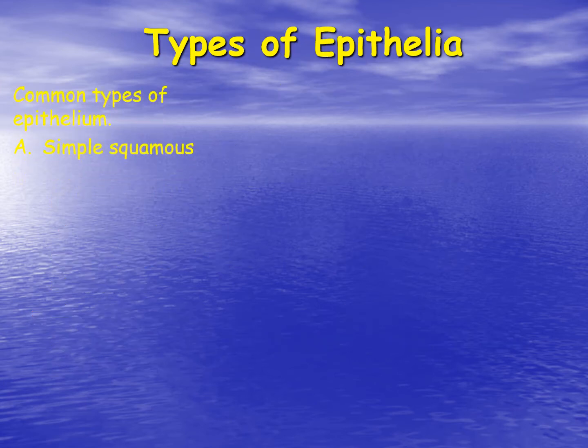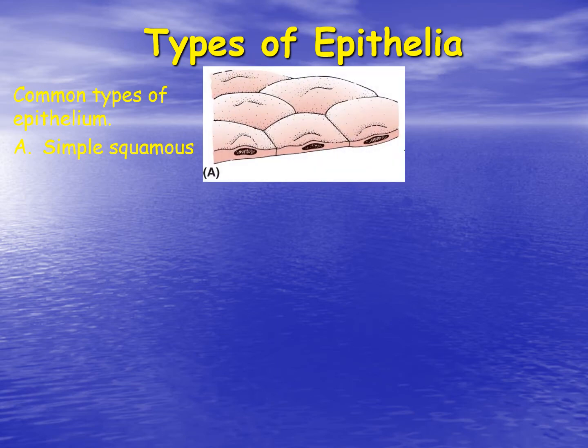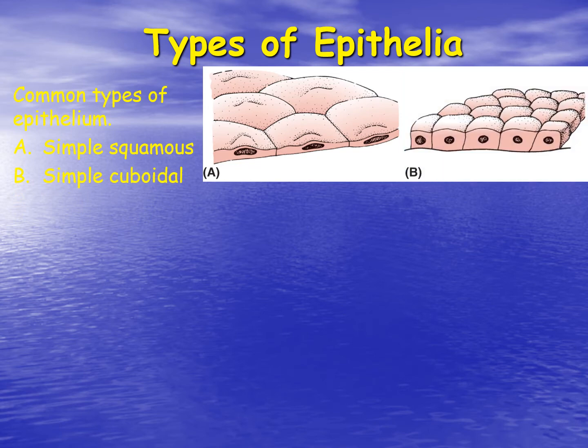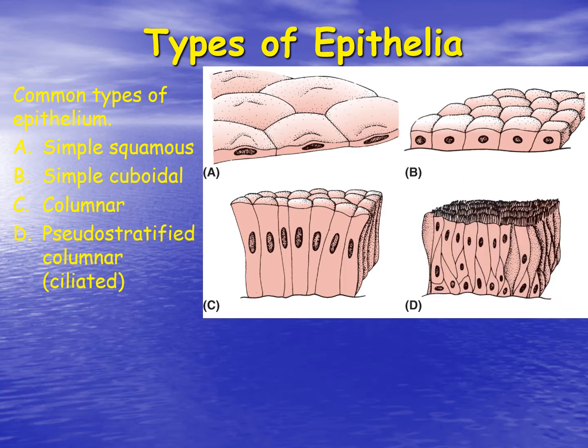Common types of epithelium include simple squamous, which is a single layer of flattened cells, simple cuboidal, which is a single layer of cube-shaped cells, columnar, which is a single layer of column-shaped cells, and pseudostratified, which actually looks to be stratified or layered, but every one of those cells is in contact with the basement membrane.